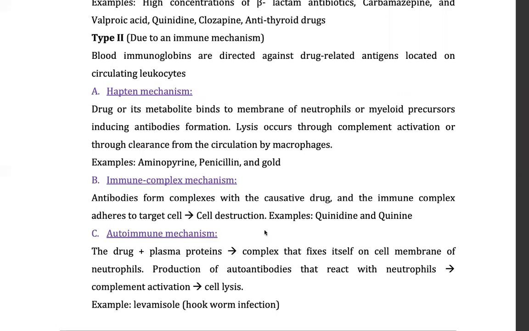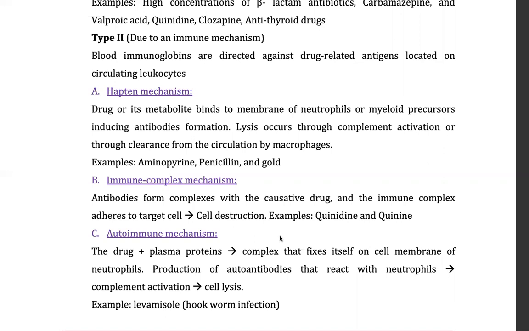Immune complex mechanism: generally the antibodies form complexes with the causative drugs, and the immune complex adheres to the target cell, which leads to cell destruction. And examples are quinidine and quinine, which are the antimalarial drugs. Third one is the autoimmune mechanism.